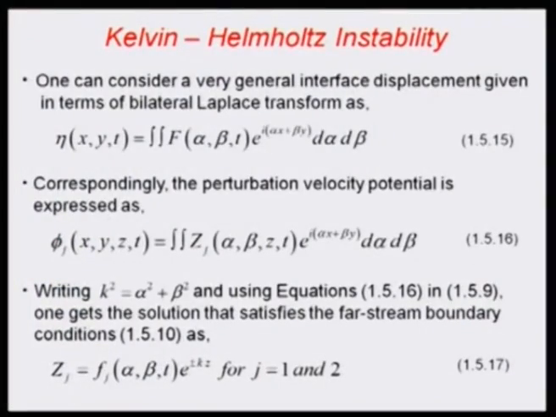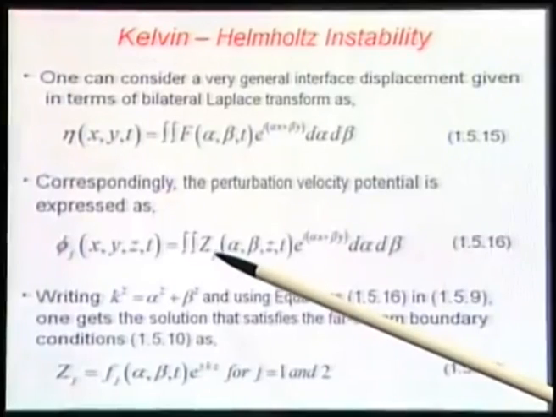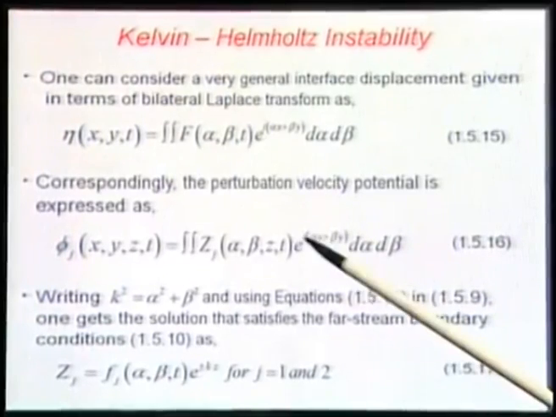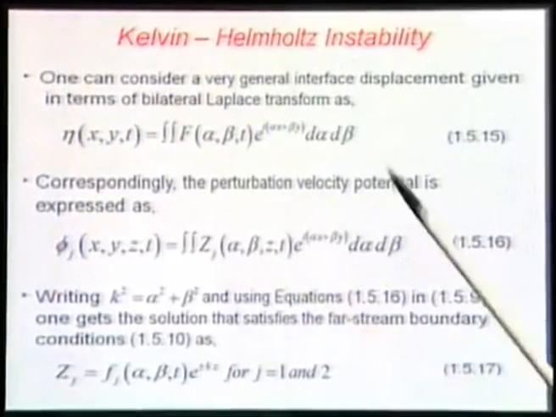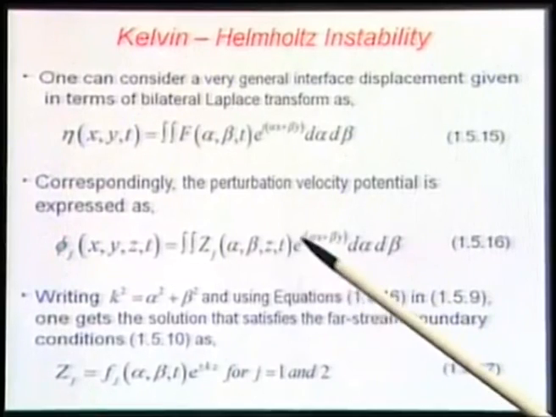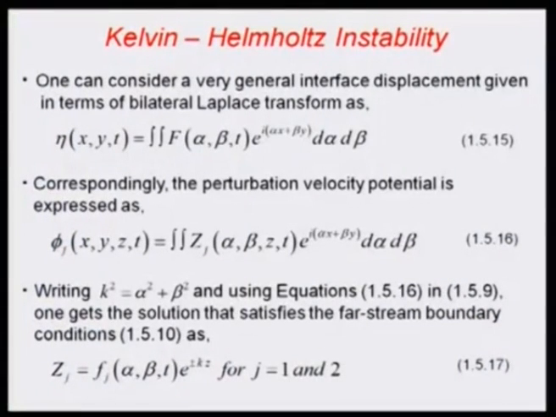The same way, we could also talk about the velocity potential in terms of its Fourier Laplace transform, which I am writing here. The amplitude is capital Z, which will now be a function of x, y, z and t, right. So, what are we talking about?